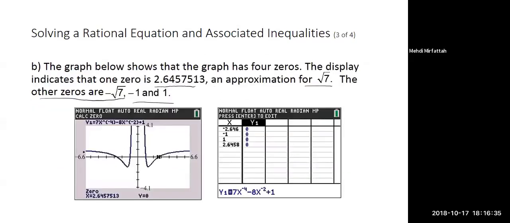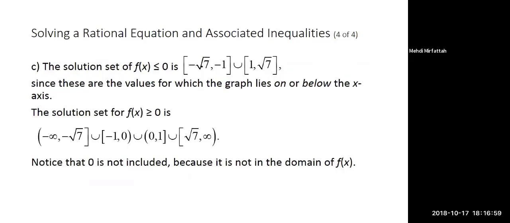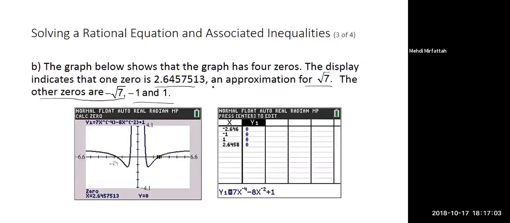At what point would the graph be below 0? From this point here, which is minus radical 7, all the way to this point here, the graph would be below 0. So you can see from minus radical 7 to minus 1, right there, the graph would be below 0.